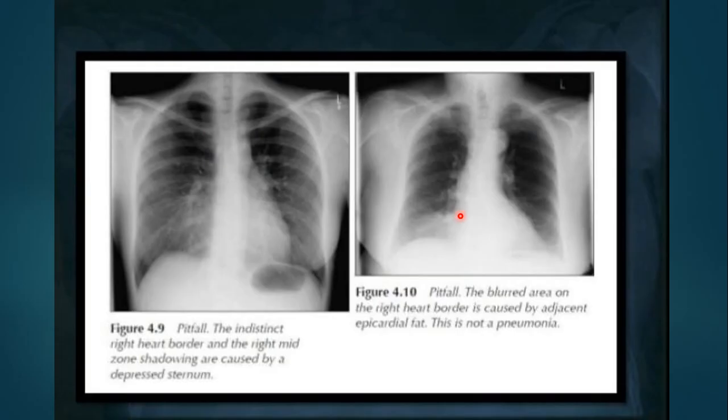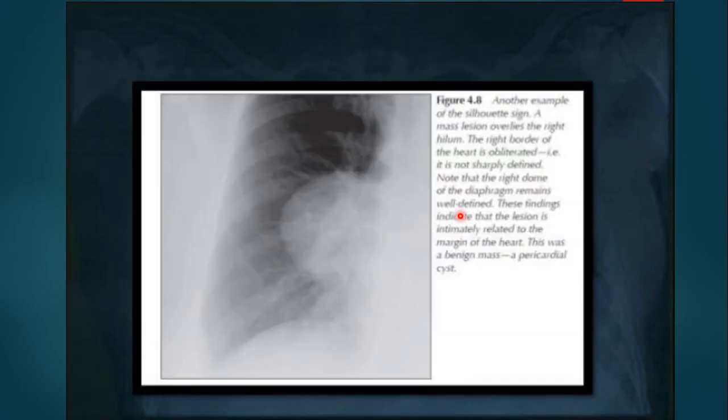Regarding the previous chest x-ray, one of our colleagues commented that something that helps us to know that this is not in the lung, it's in contact with the right heart border, but it's not in the lung, is due to the angle here. You can see the angle here is acute, it's not obtuse, so this is not in the lung, it's in contact with the right heart border.